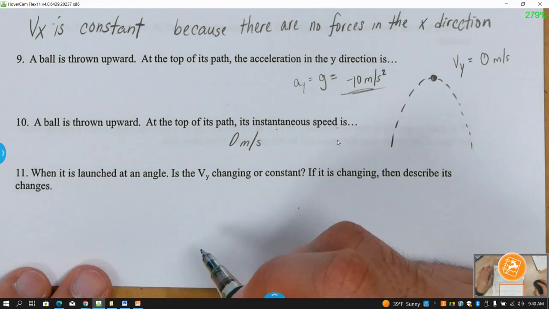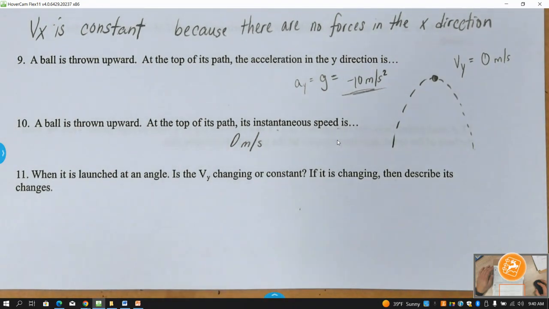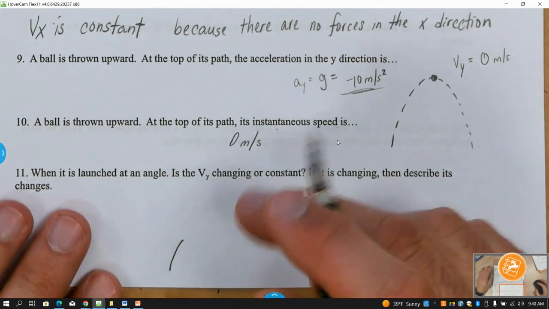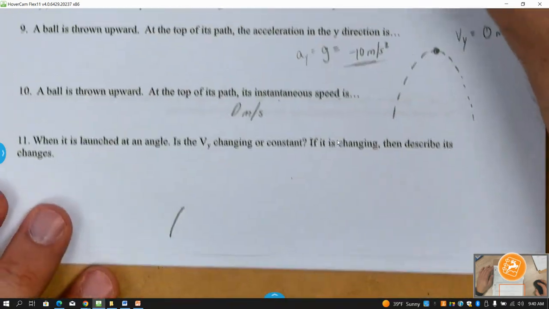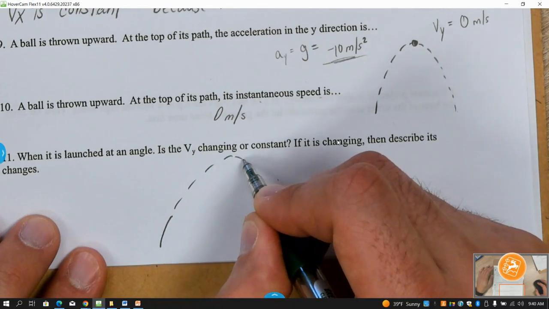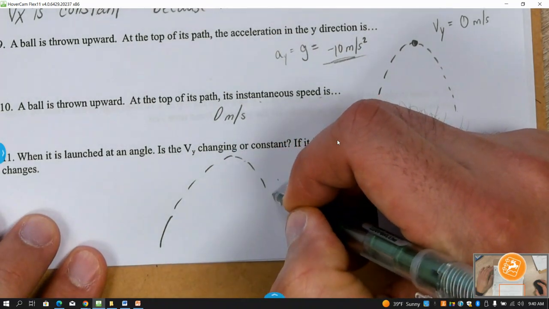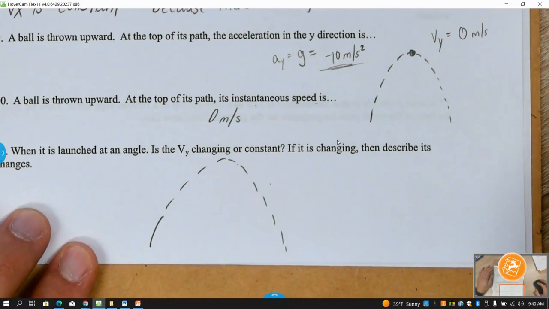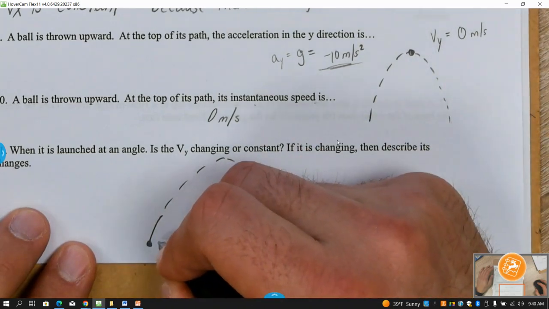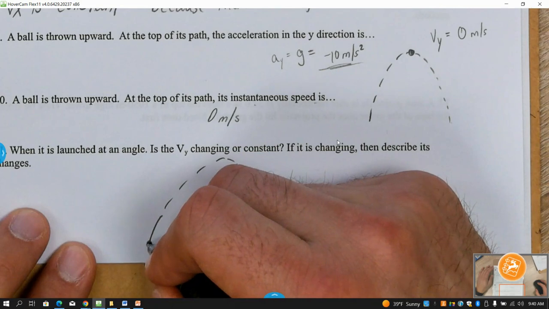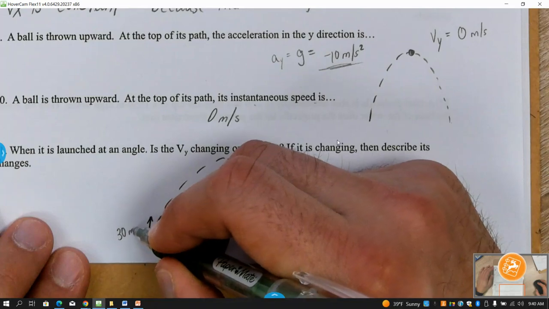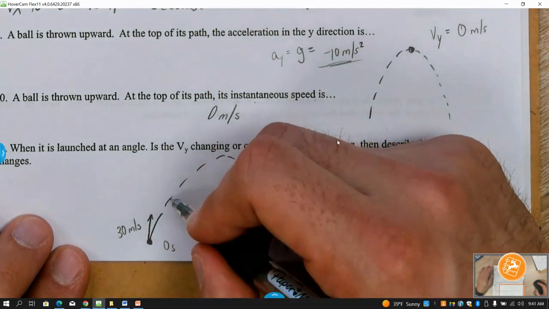Okay, now this one. So at 0 seconds, let's say we have a vertical velocity of 30 meters per second.